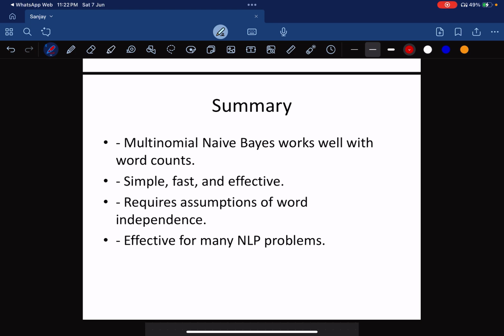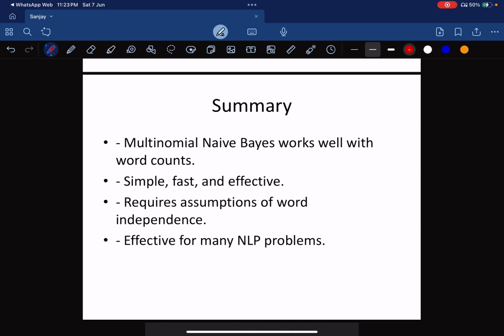It finds the frequencies, which you already store during training. Upon new data, it simply finds the probability of the words in each class. It requires the assumption that words are independent, because each word is independent and one word doesn't affect another, and it is effective for many NLP problems.